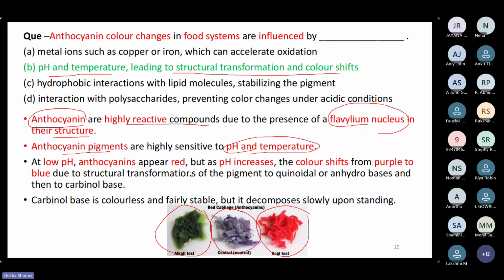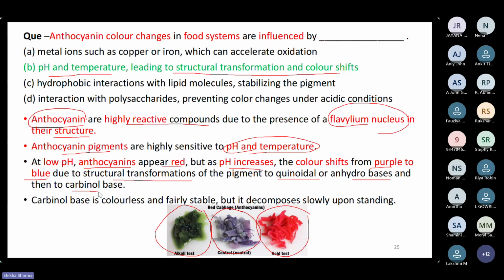At low pH, anthocyanin appears red, but at high pH the color shifts to purple. If the pH gets higher still, it becomes blue, because of structural transformation of the pigment to quinoidal or anhydro bases, and then to carbinol bases.